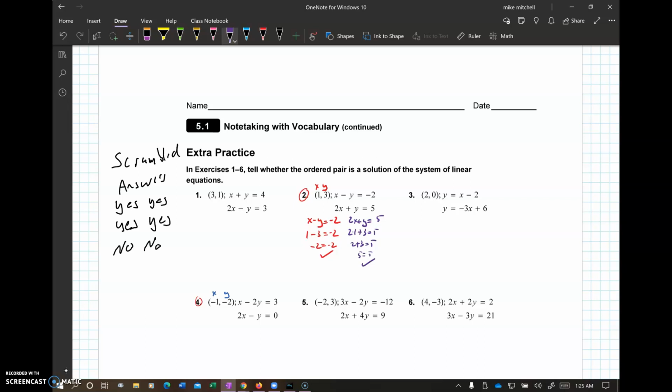It checks out. So that's a yes, it's a solution. So yes, to be real detailed, (1, 3) is a solution to the system of equations.